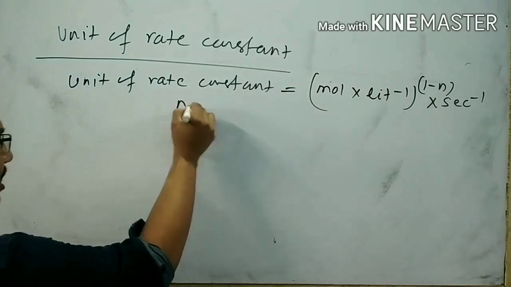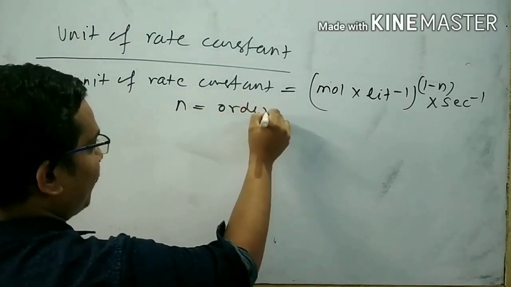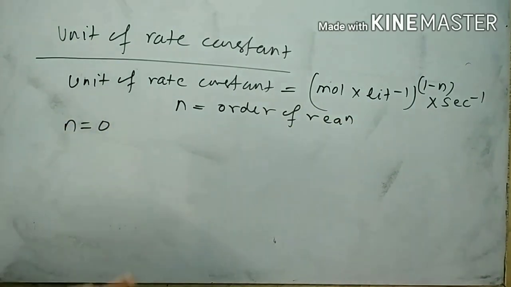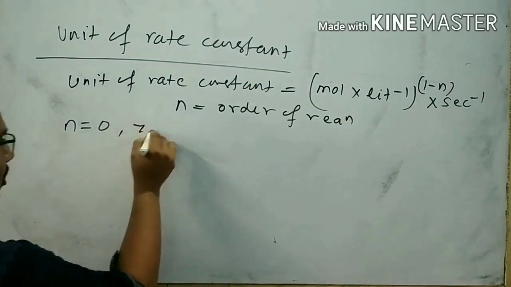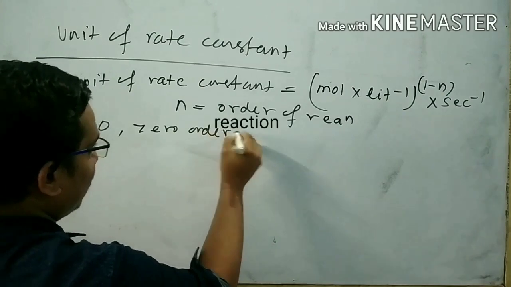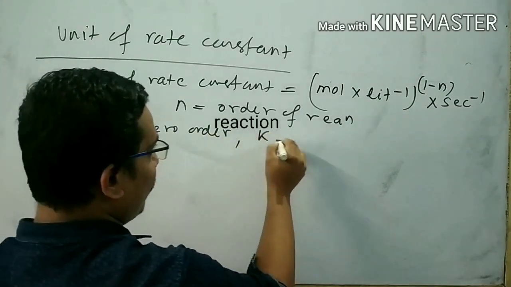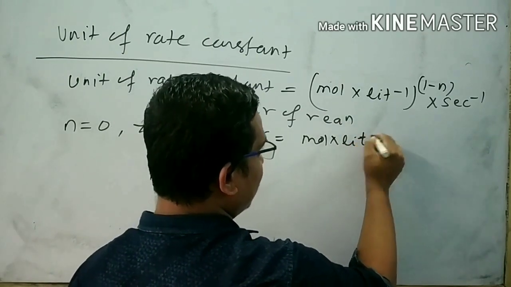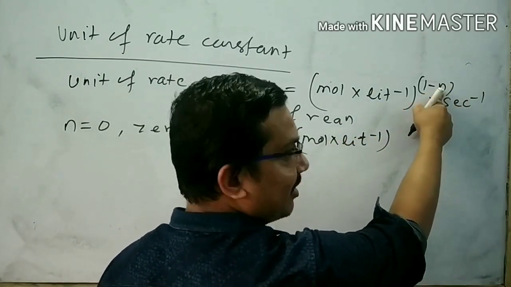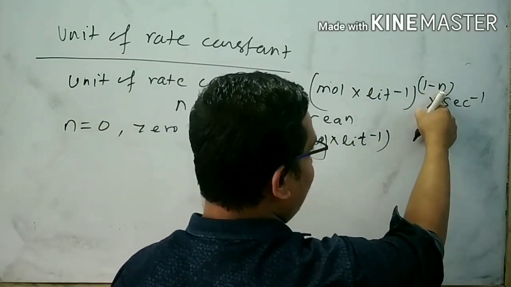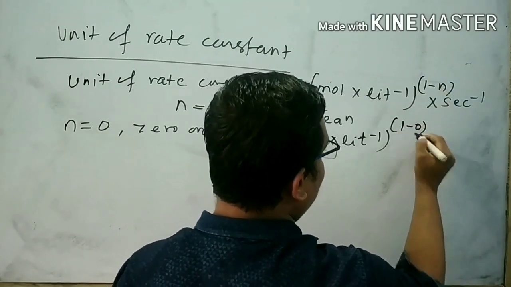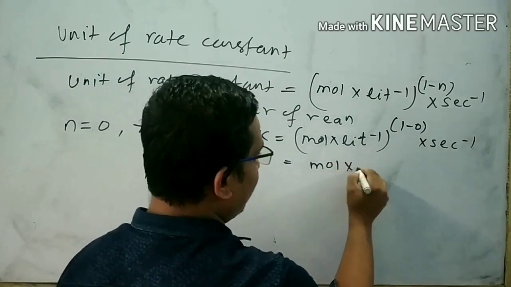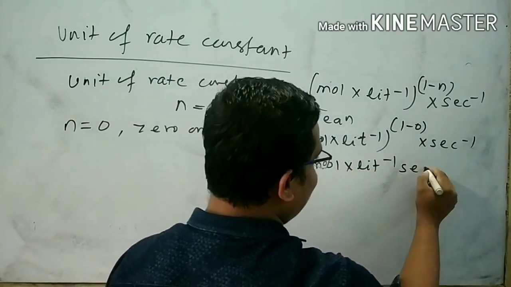Here n is the order of reaction. If n is equal to 0, that is a zero order reaction, the unit of K equals what? Mole into liter inverse, put n equal to 0, that means 1 minus 0, into second inverse. That means we can write mole into liter inverse into second inverse.